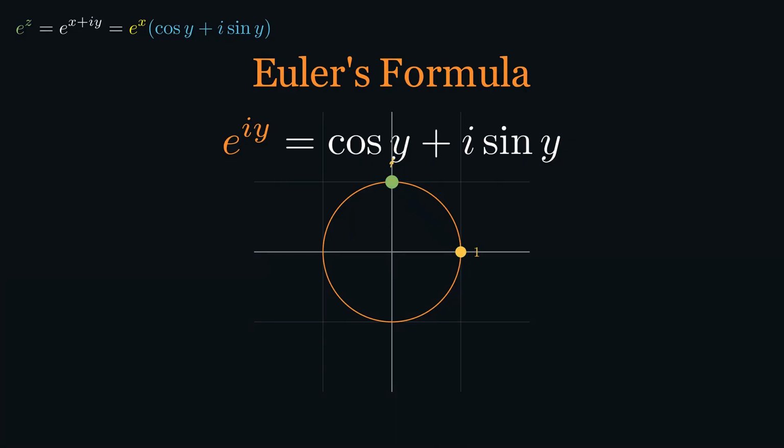When y equals pi over 2, e to the i pi over 2 equals i. When y equals pi, e to the i pi equals -1. When y equals 3 pi over 2, e to the i times 3 pi over 2 equals -i. When y equals 2 pi, we're back to 1. The complex exponential is rotation.